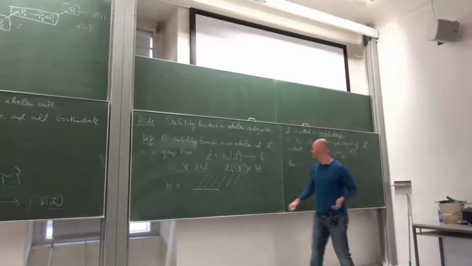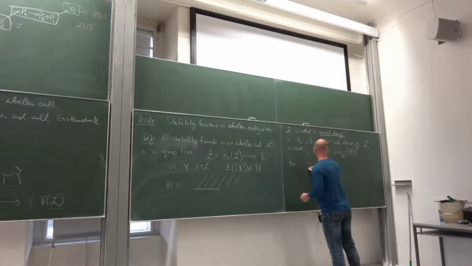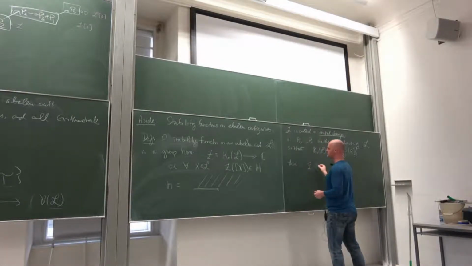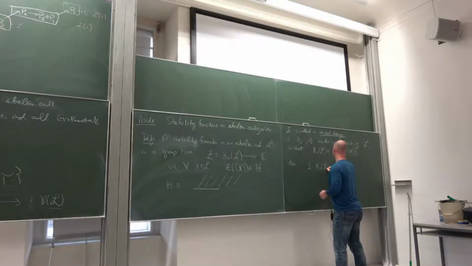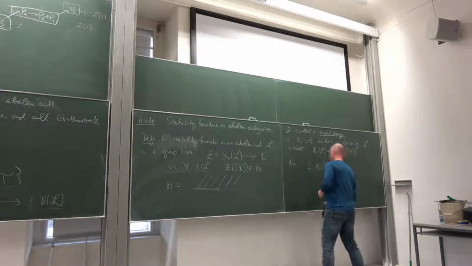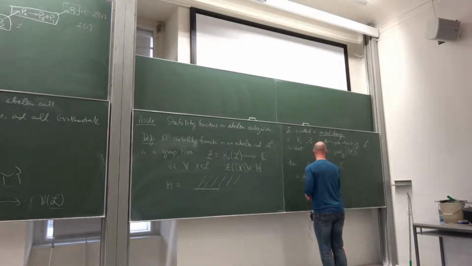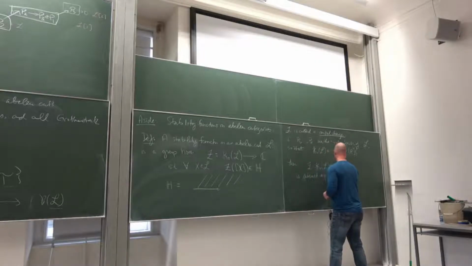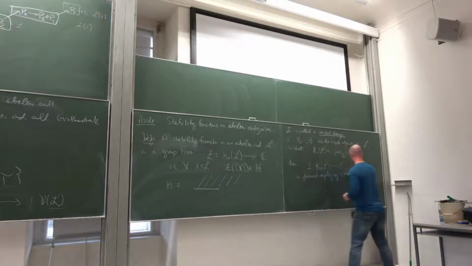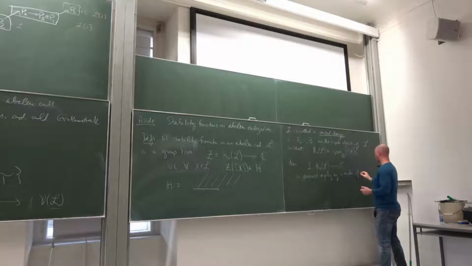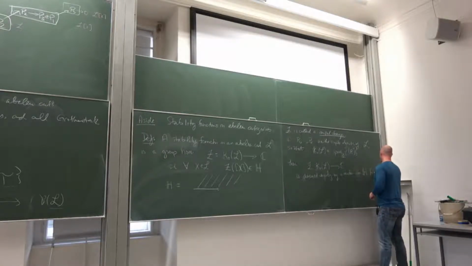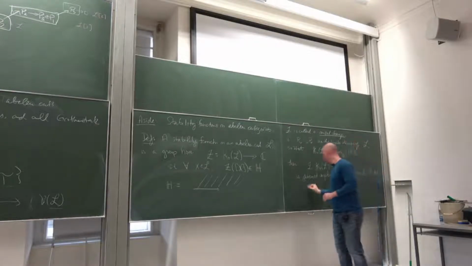What do you need to do to specify a central charge? So Z, the central charge, is of course determined uniquely by a choice of a vector in H for each Pi.